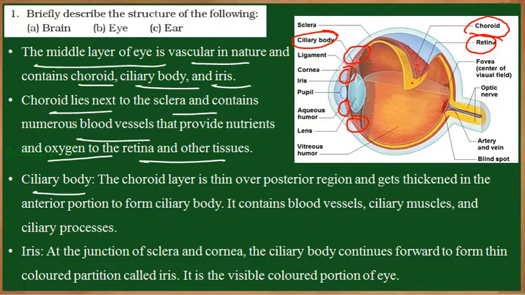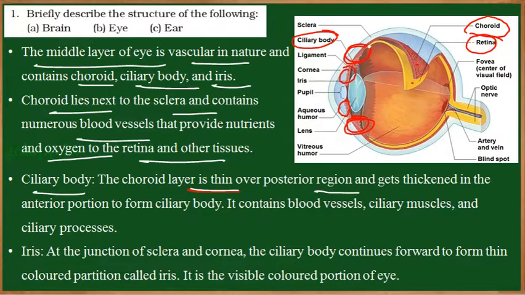Ciliary body. Now you can see here this part on either side. These are called the ciliary body. The choroid layer is very thin over the posterior regions.